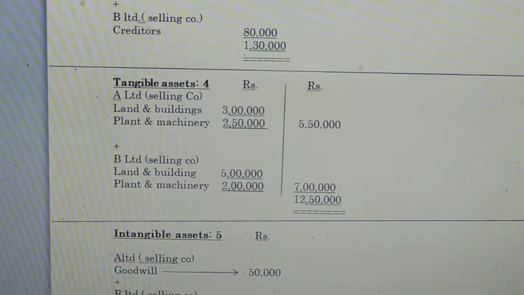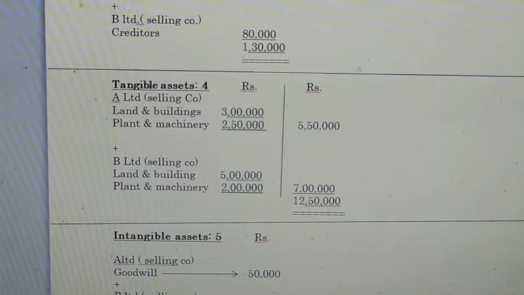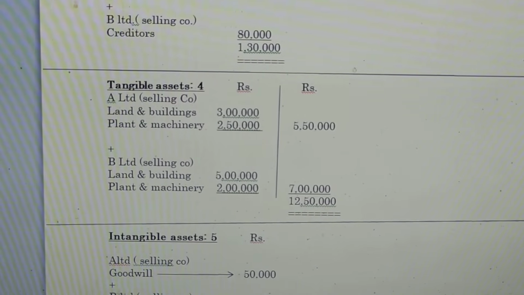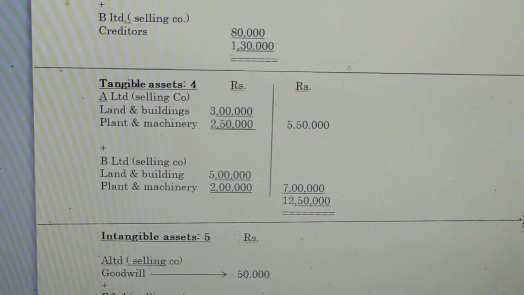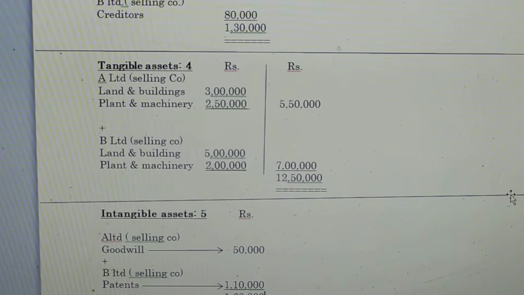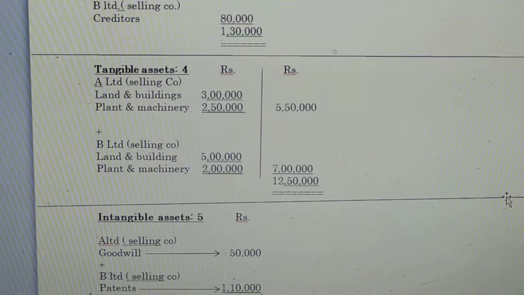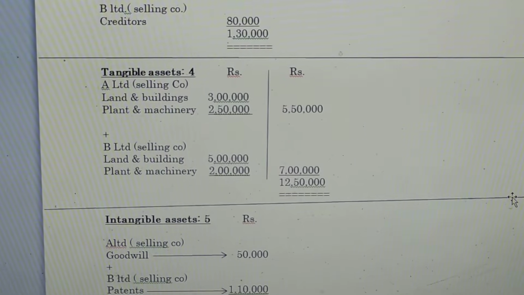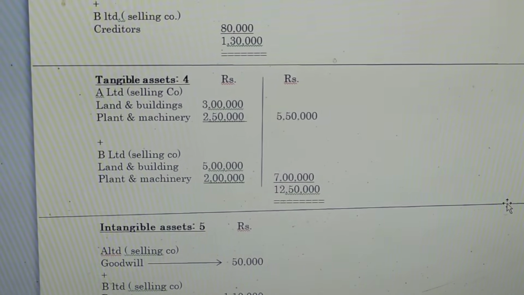And note number 4 is tangible assets. Under the tangible assets, we have to mention land and building for A Limited, the amount is rupees 3 lakhs, and plant and machinery for A Limited, the amount is rupees 2,50,000.